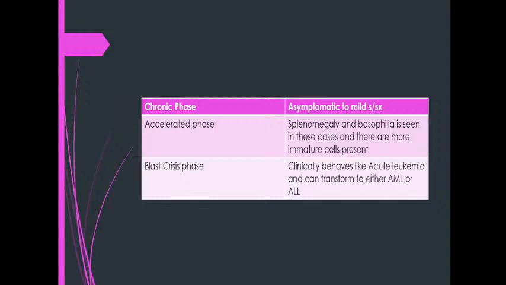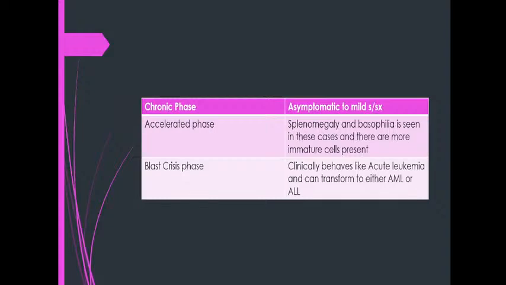So blast cell crisis. Why did they call this blast cell crisis? Because usually you would encounter patients who have high WBC counts. We don't see them.